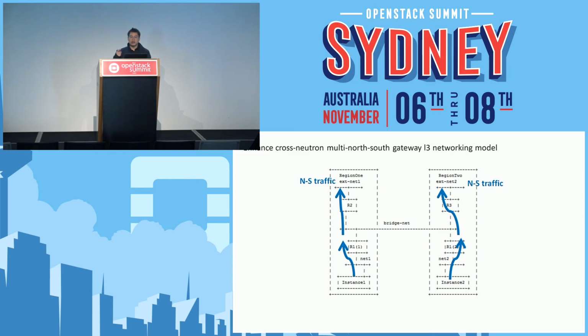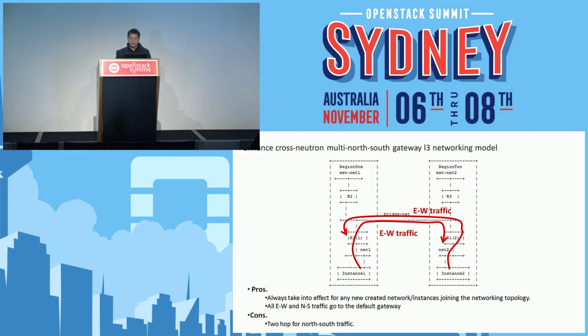We just mentioned the con for the layer 3 networking is that it's up to the DHCP lease time. So we want to introduce one bridge network for east-west and north-south traffic. So there will be one more hop for north-south traffic. We add one bridge here. So the north-south traffic will go like this.